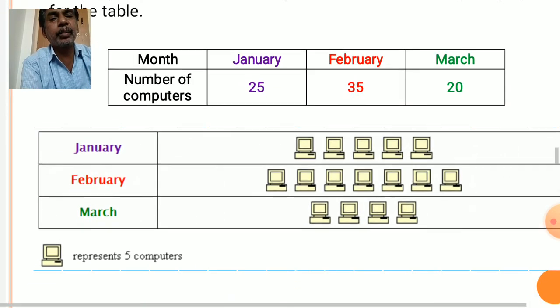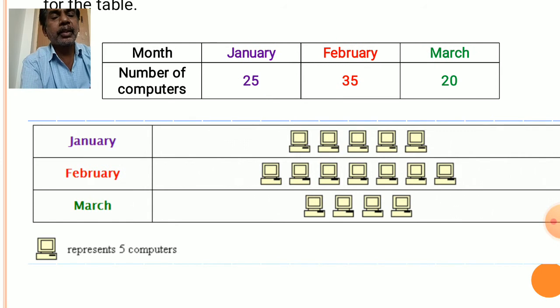Here the picture of a computer is shown, and each computer represents five computers. So 5 into 5 is 25 computers. In the month of February, the total number of computers shown in the table is 7.